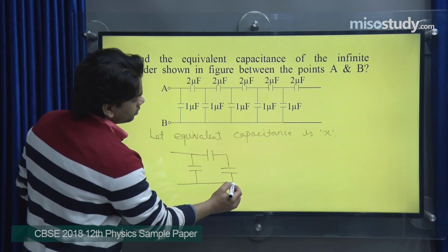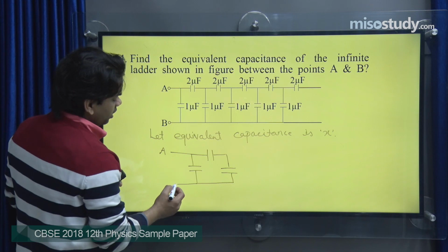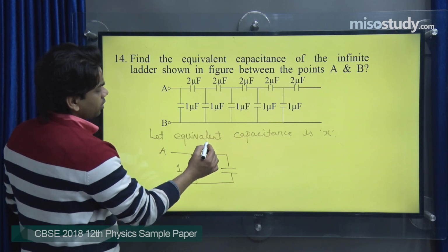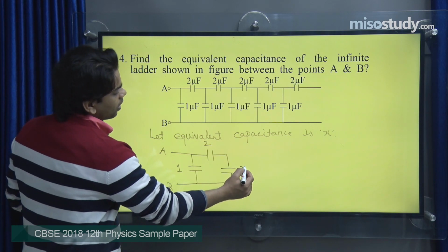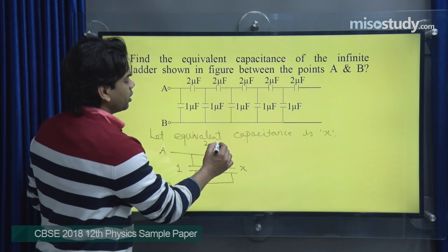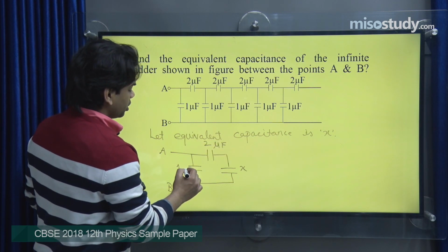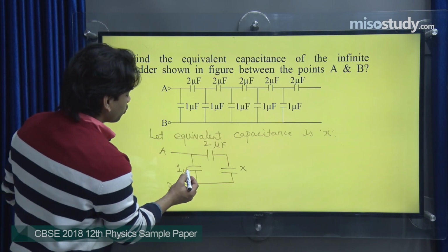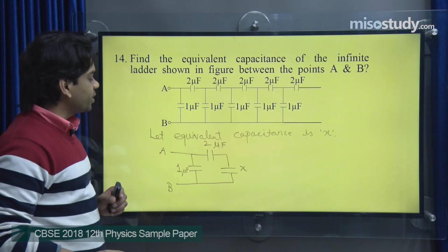Now you see here, we can replace this entire circuit with this diagram. All values are given in microfarad, so I'm not especially mentioning microfarad, but you can do it in your examination. That would be good, so that the examiner does not get confused about why you have used 1 and 2 only. So use it with proper units.